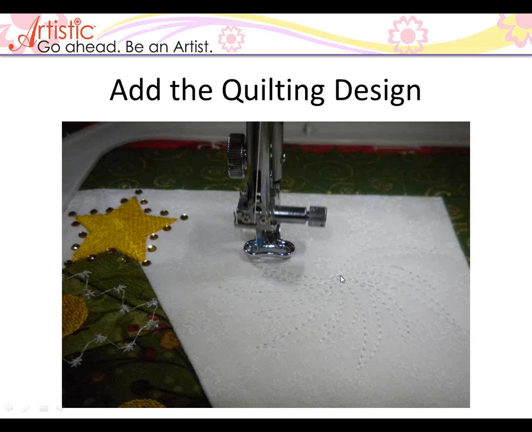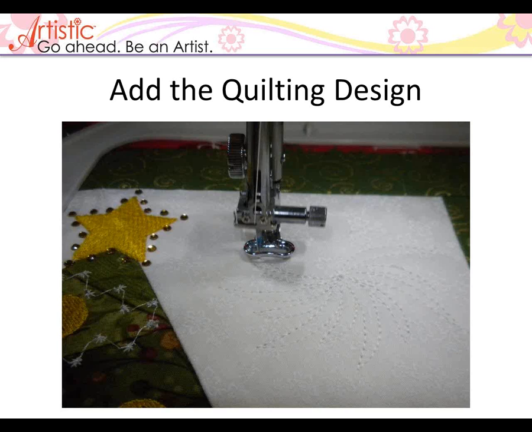So after I found where I wanted the first one, I measured, and I put a little mark where I wanted the center of that design to be on the other side, so they would match. And then you just stitch through all those layers, and that holds your layers together.